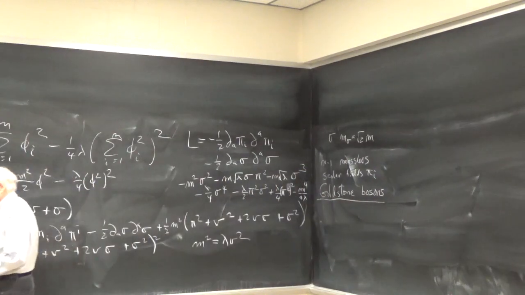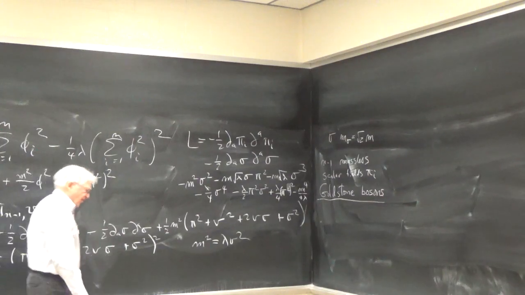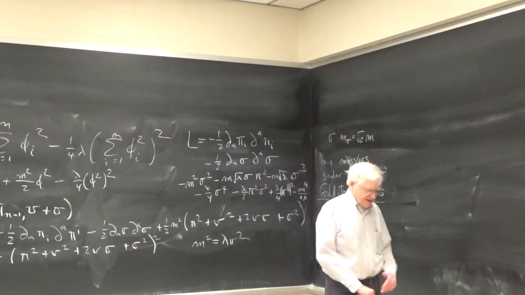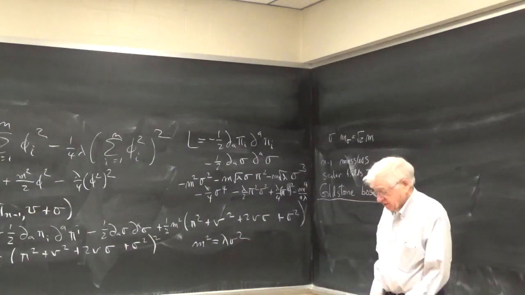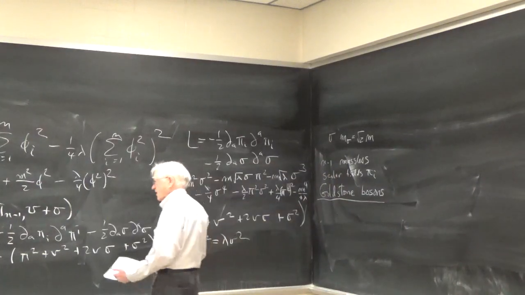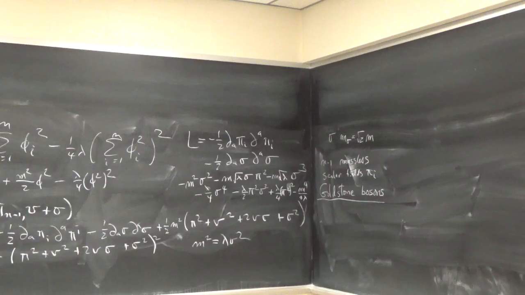Goldstone bosons are the massless fields that occur when a global symmetry is broken. So if you have a theory of scalar fields with a global continuous symmetry, and the symmetry is broken, you get some massless fields.